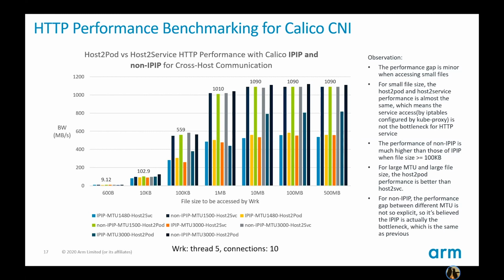The performance of non-IPIP is much higher than those of IPIP when file size is greater than 100 kilobytes. And for large MTUs, large file size also supports host-to-pod performance better than host-to-service. And for non-IPIP, the performance gap between different MTUs is not so explicit. So it's believed IPIP is actually the bottleneck, which is the same as previous.